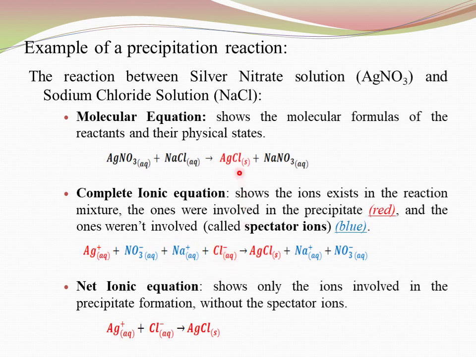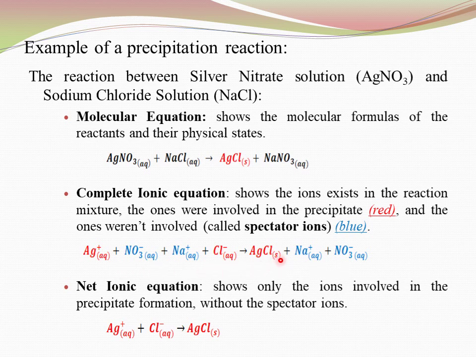Produce: here I have an insoluble substance, so write it as it is. Don't write it as ions. So AgCl solid, plus sodium nitrate: I have Na+ aqueous plus NO3- aqueous. So write the equation as ions. So what do you think here?